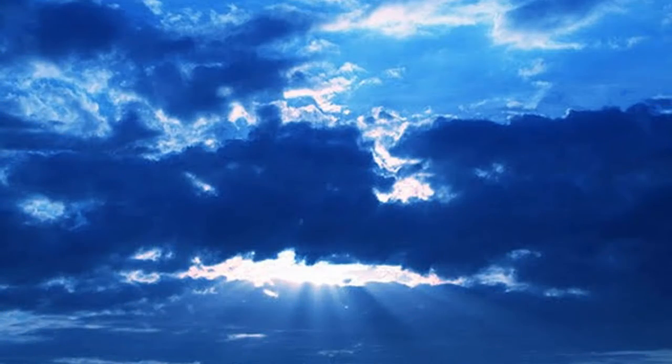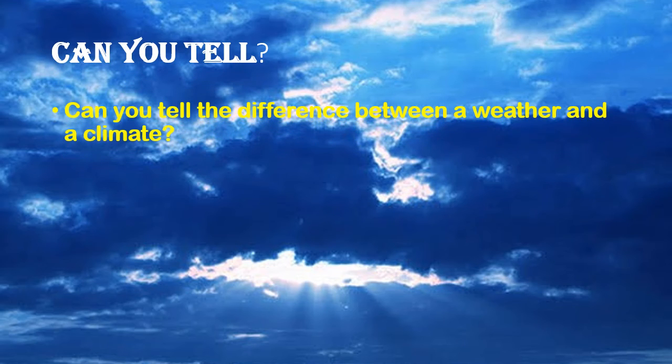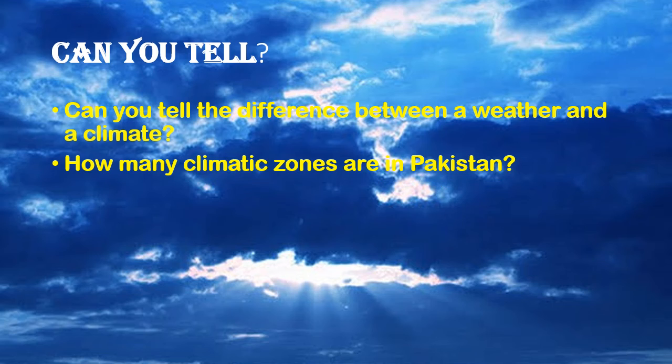Okay kids, now it's your turn. You are going to read the whole chapter thoroughly and you are going to underline the main points, and I am sure after watching this video you would be able to tell: Can you tell the difference between weather and climate? How many climatic zones are in Pakistan?